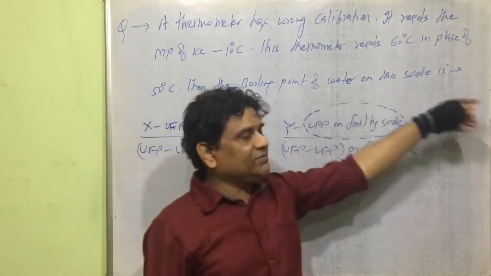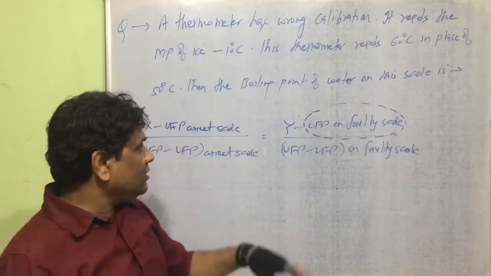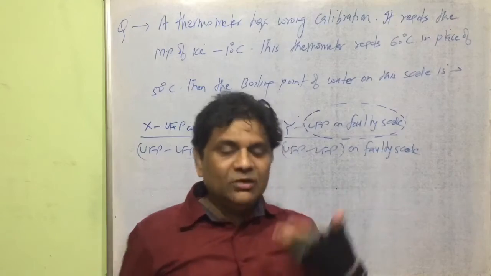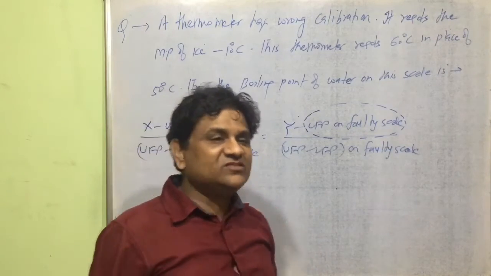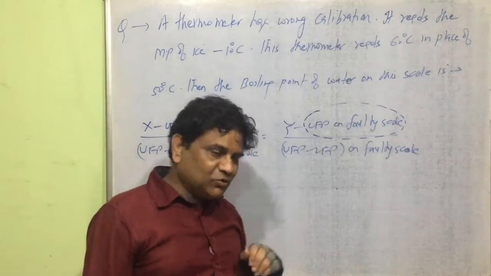Then the boiling point of water on this scale, on which scale? The faulty scale. Boiling point is nothing but the upper fixed point. So the upper fixed point on the faulty scale is required. We can put the data now.